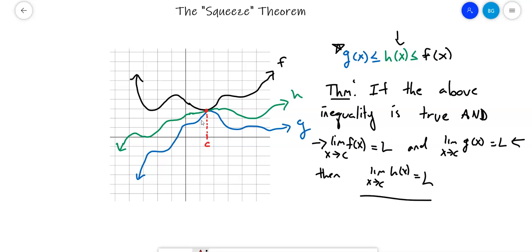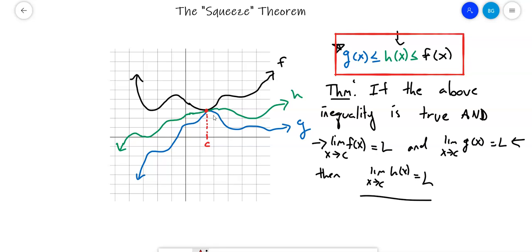The limit as we go to c for g is that value. And since h has to be in between those two things, they kind of squeeze that limit into being. Like h has got to be that same limit because of this relationship, right? I mean, h is always between f and g. So if f and g both go to the same point, h has no other option than to go to that point because h is always squeezed between those two functions.